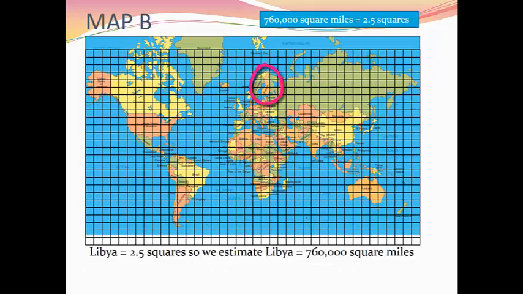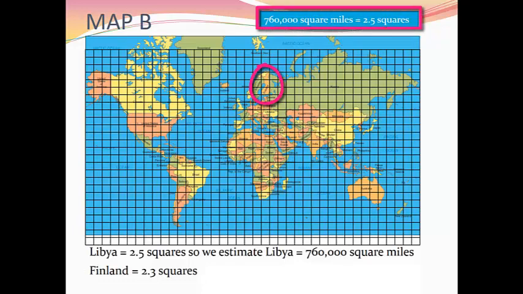Okay, how about Finland? How many squares do you think cover the country of Finland? I thought Finland was a little bit smaller, but not by much. I'm going to estimate Finland is about 2.3 squares. Now we're going to use our unit conversion.